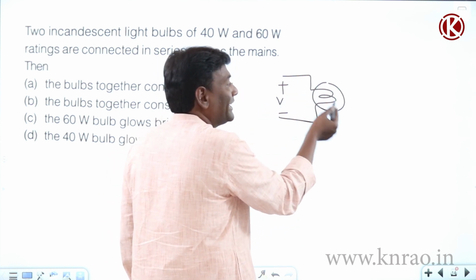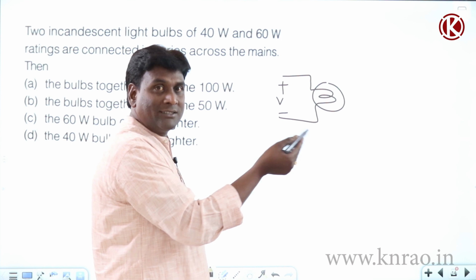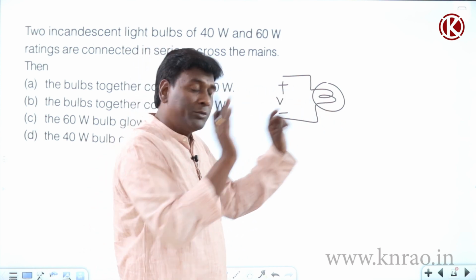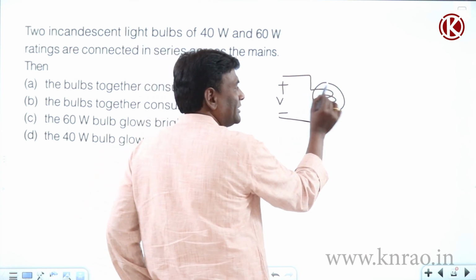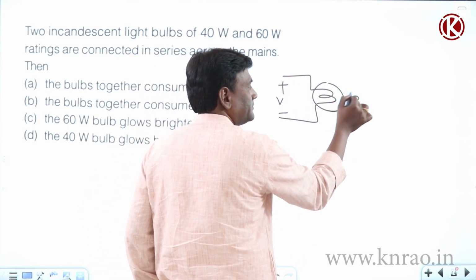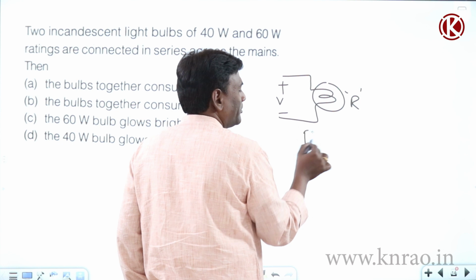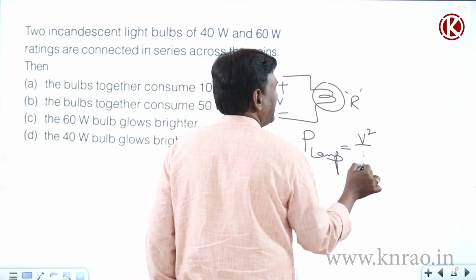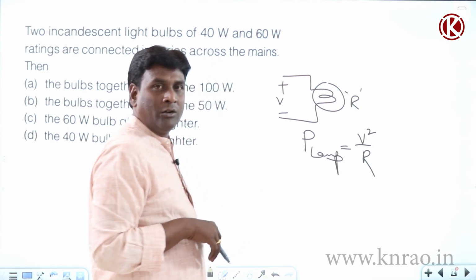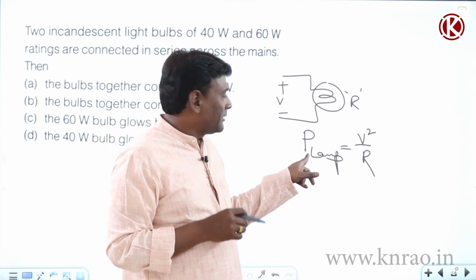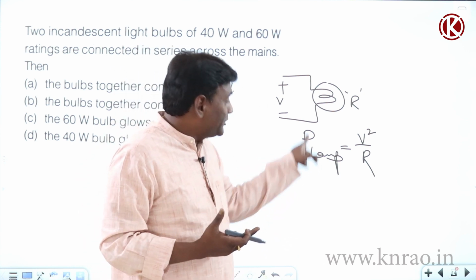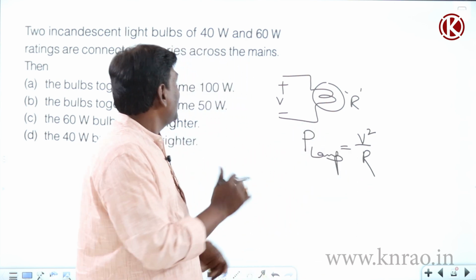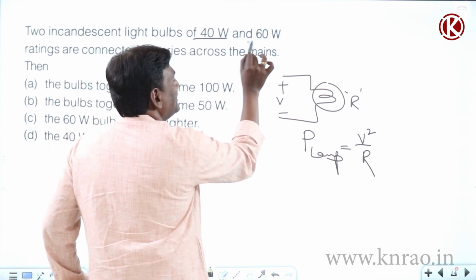Power absorbed by the resistor in the filament is electrical power, which will be converted into heat energy. If this resistance is R, the power absorbed by the lamp is V square by R. Now if the wattage capacity is more, the resistance should be less. For example, there is a 40 watt lamp and a 60 watt lamp.